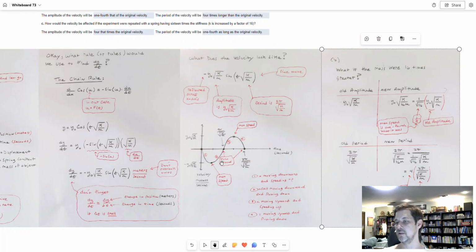So if any of those things were different, we might get a wave with a longer period, meaning more time to complete one up and down motion, with a higher maximum speed, meaning a larger amplitude. It would change all that stuff, right?